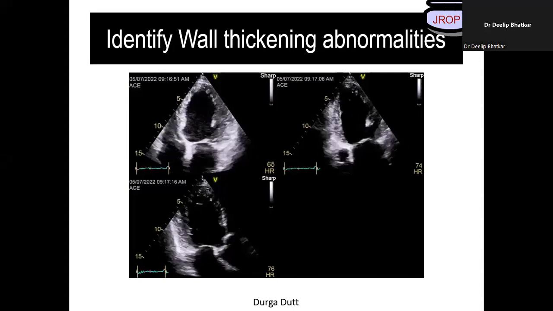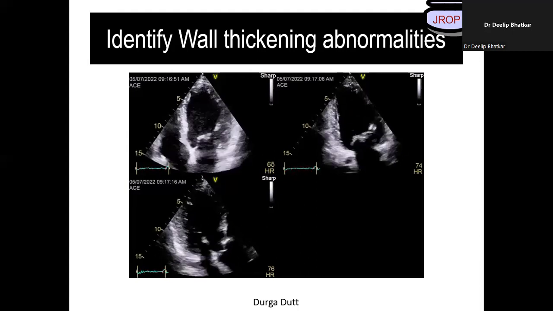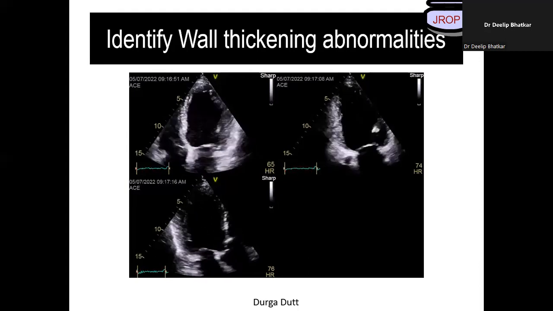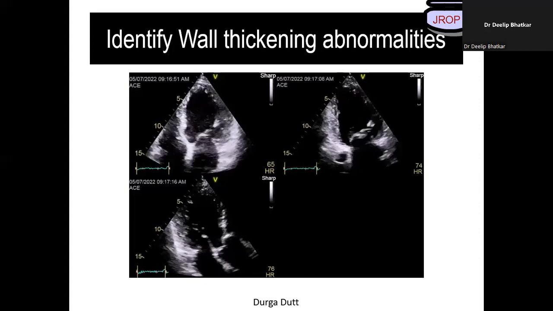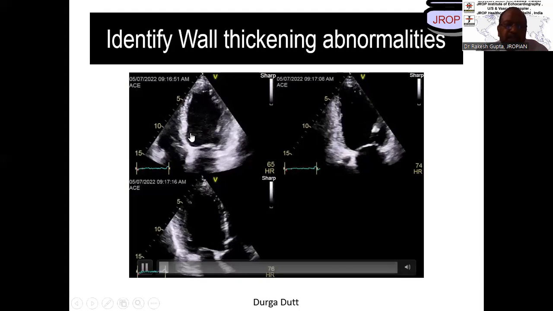Apical lateral is also normokinetic. Sir, only basal septum and mid septum are akinetic in 4-chamber view. Okay, good. Only this part appears to be hypokinetic, nothing more than that. Good attempt, Dilip.